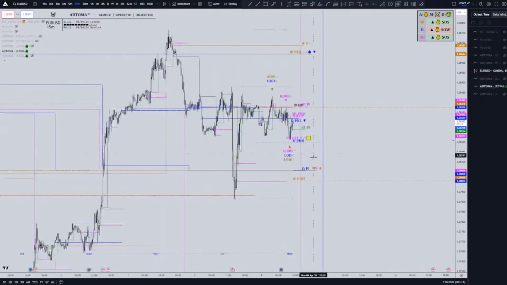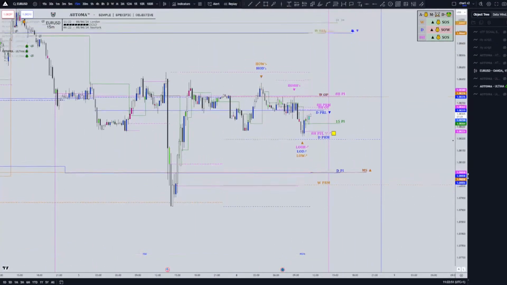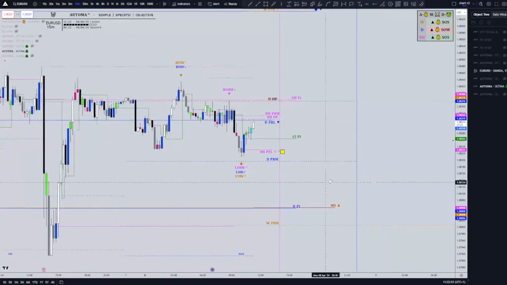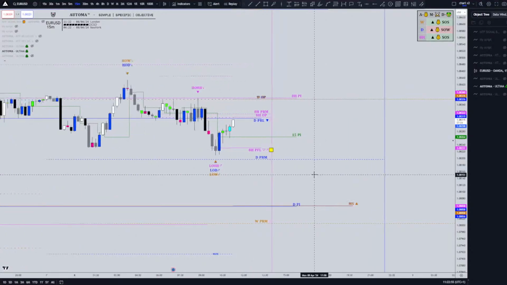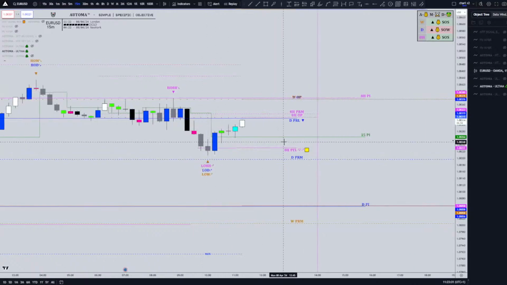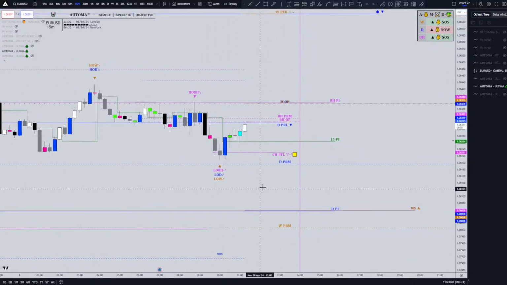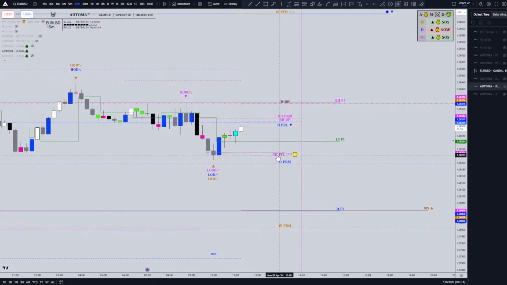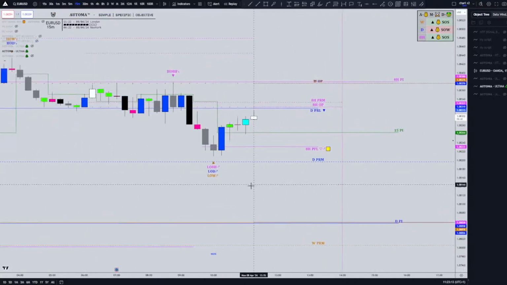So let's check for examples. It will mean we have a low of the day with 8-hour peak formation low. 8-hour peak formation low for daily is what? Sign of strength, right? So we have sign of strength, nice, from inside bar.